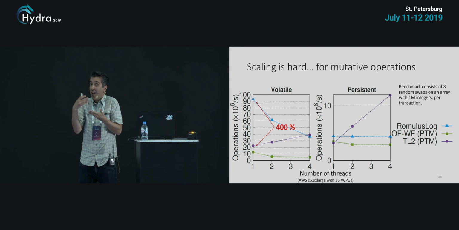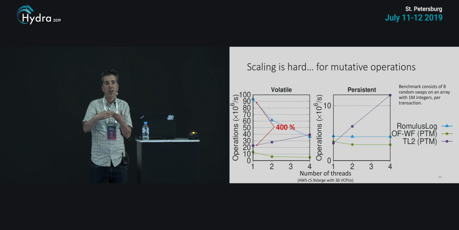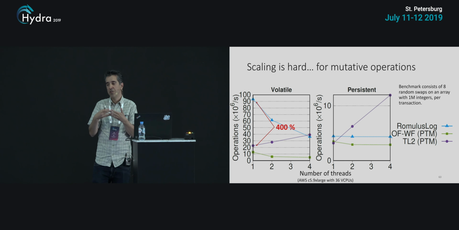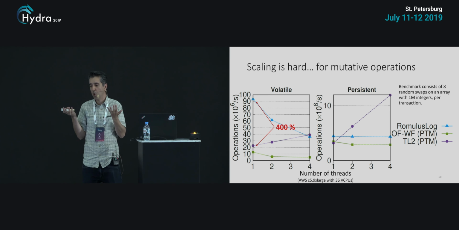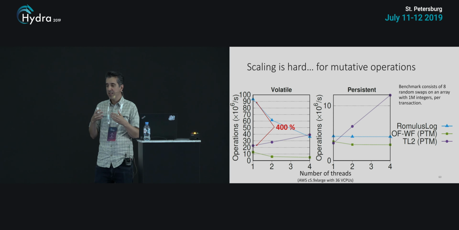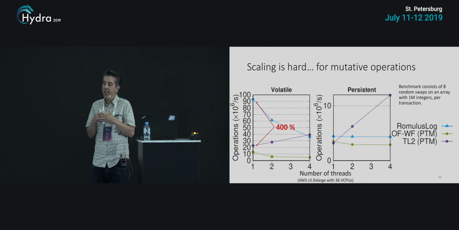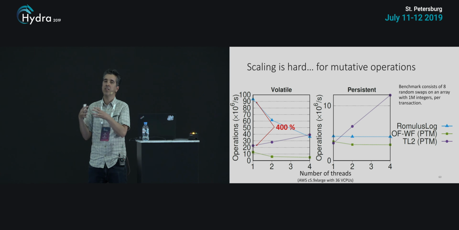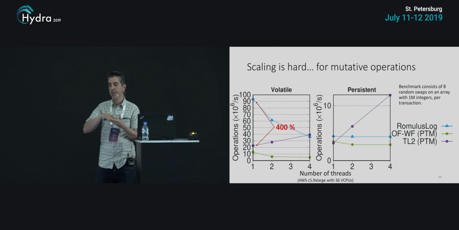And just the fact that you're adding this technique to your data structure, to your code, means you're going to have less throughput. So an STM, or a persistent transactional memory, better said, can use the same logging technique not just for the concurrency, but also for the persistence.